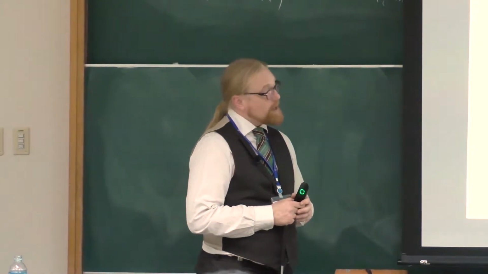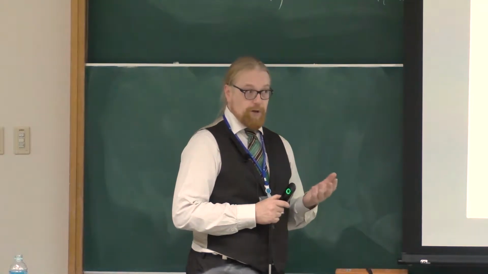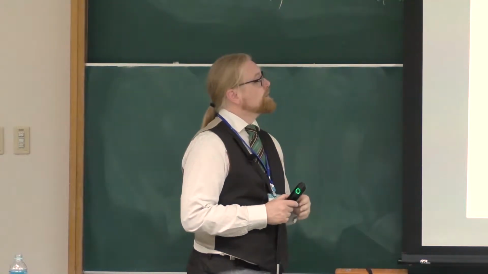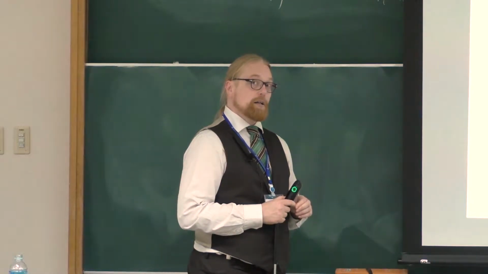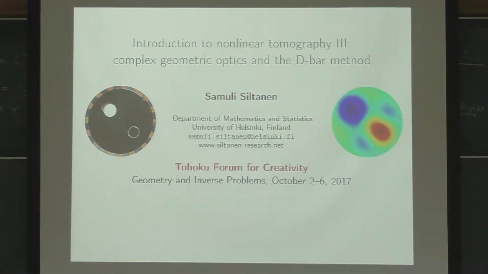I'll show you how they can be used to define a certain nonlinear Fourier transform, which is kind of tailor-made for Calderón's problem. And then in the end, probably tomorrow, I'll then also show a new use of these complex geometric optics solutions, just submitted this year, how we can then connect it with the Radon transform and see edges and singularities in conductivities in a new way.